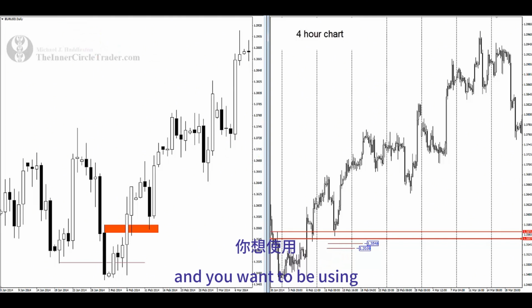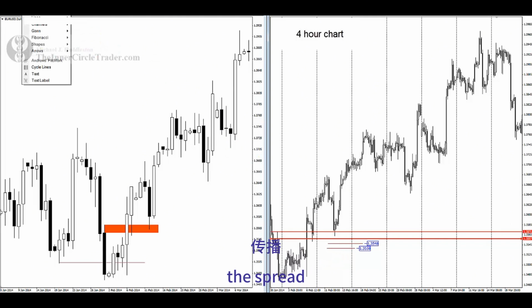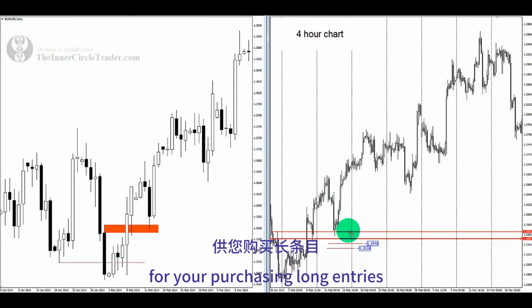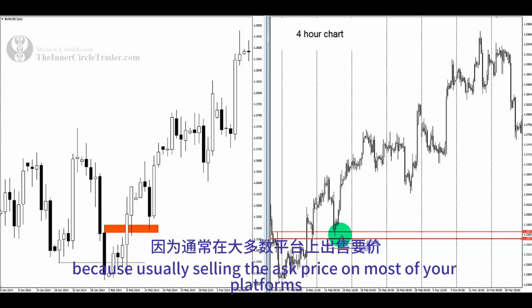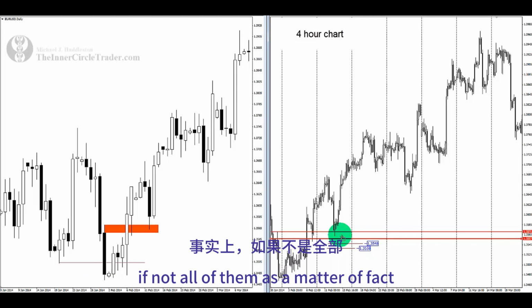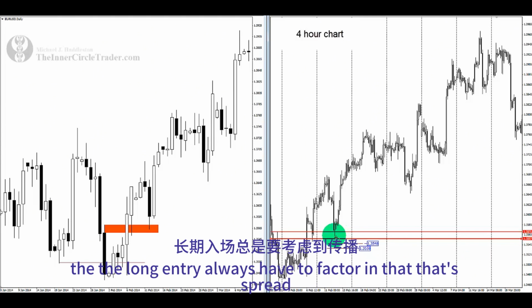You want to use the spread for your purchasing on long entries. You don't have to factor it so much when selling short, because you're usually selling at the ask price on most platforms, if not all of them. For the long entry, you always have to factor in that spread.